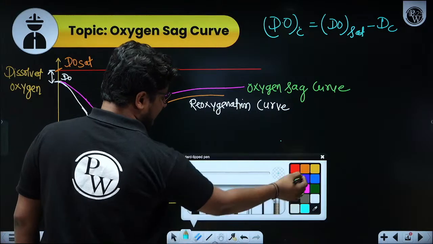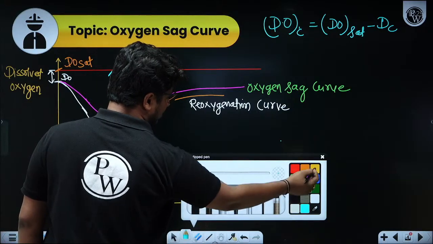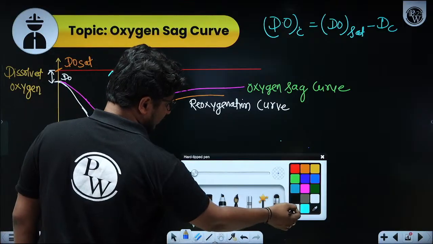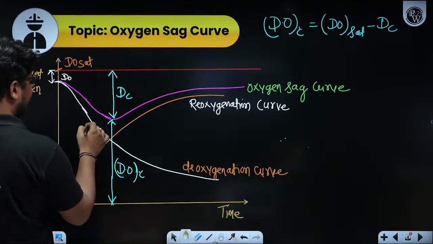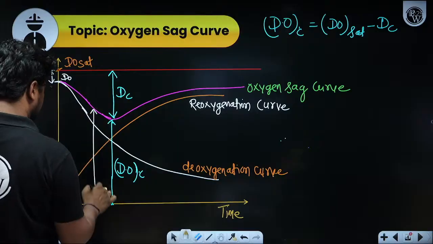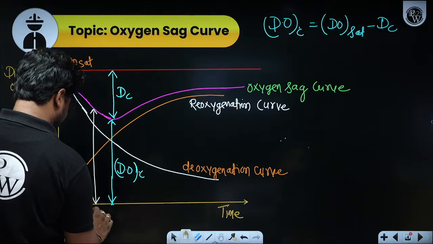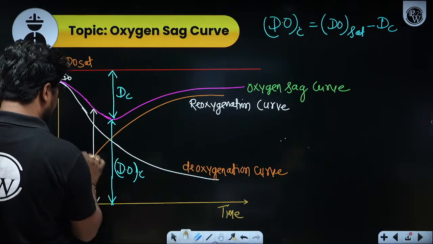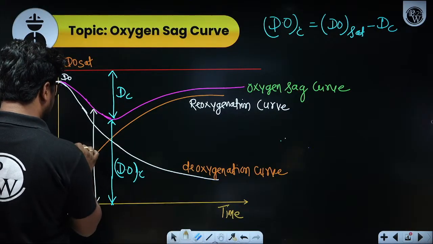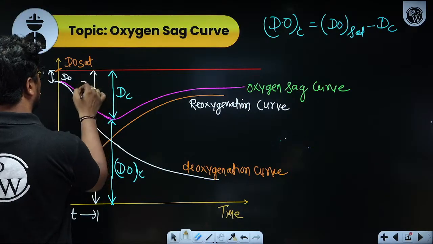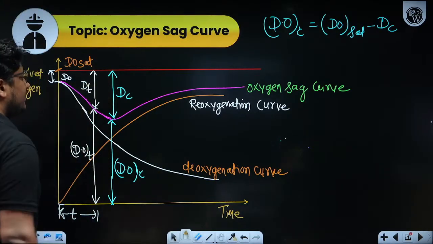Any other point, for example this point, is the time T. This will be the dissolved oxygen at time T, and this will be DT, which is the oxygen deficit at time T.